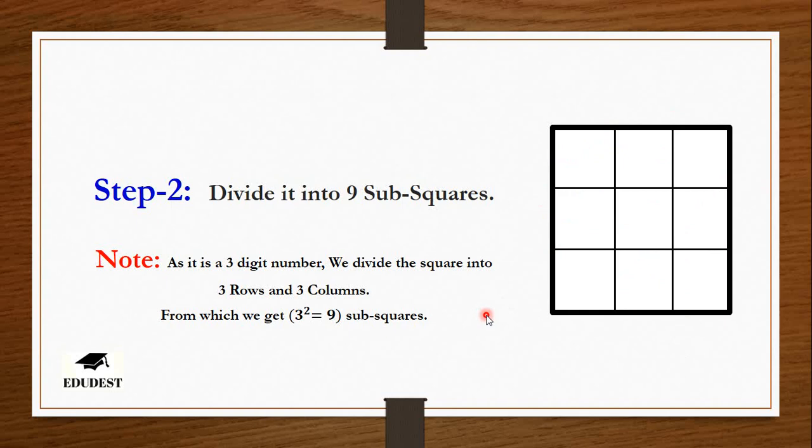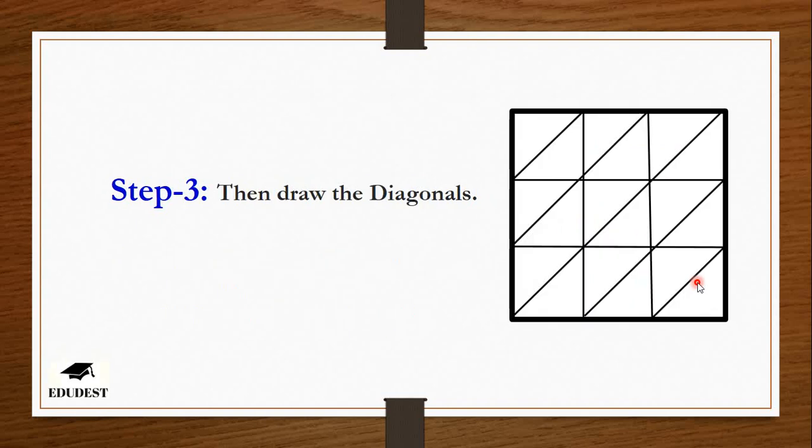So remember, here we need to divide the square into 3 rows and 3 columns, from which we will get a total of 9 subsquares. Next step. In the third step, we need to draw the diagonals like this.